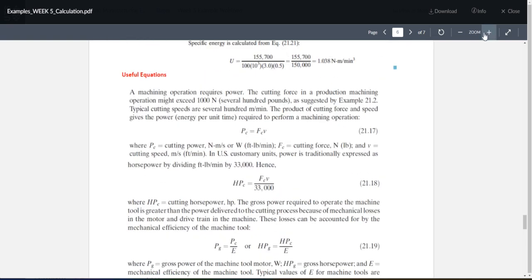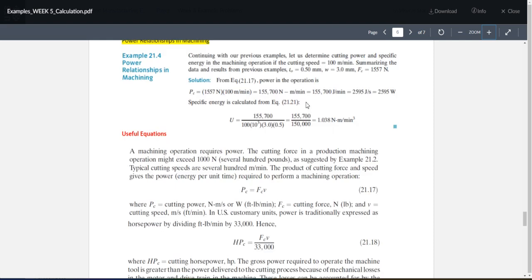Okay, so now we have all the information to calculate the power, and that's what we can see here. Here he just calculated in Newton meter per minute, then divided by 60 here and got the value to be 2,595 watts.